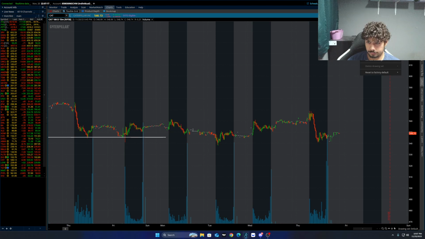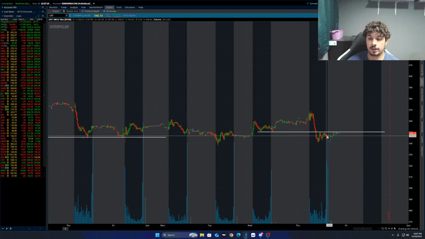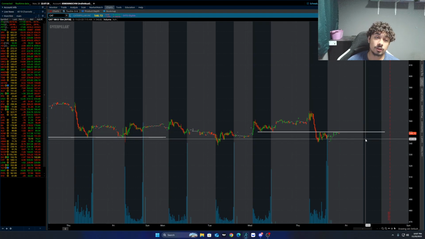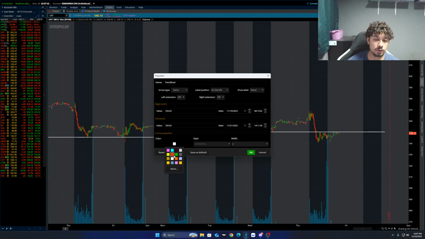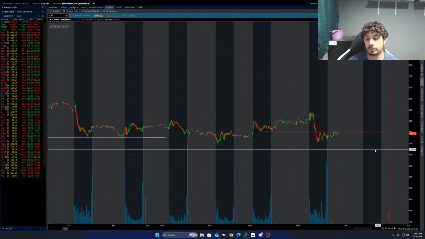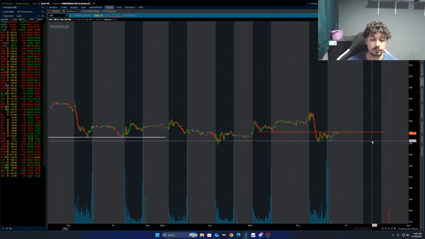a perfect trade for tomorrow. So right here, previous support, turned resistance. Now that we see it can't break below, most likely, what do you think is going to happen tomorrow? If pre-market can't close above that, your entry is right there at the level. And then you'd want to take the trade.